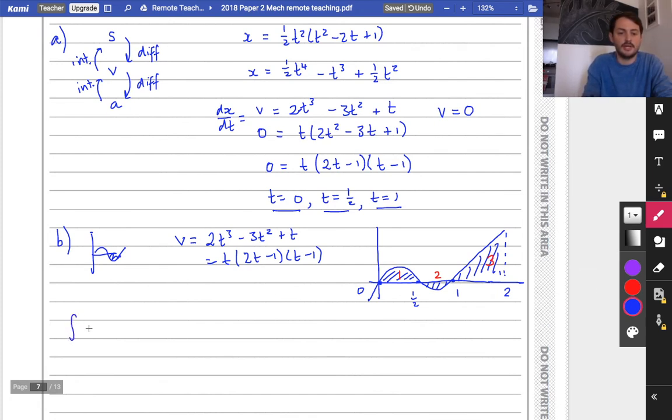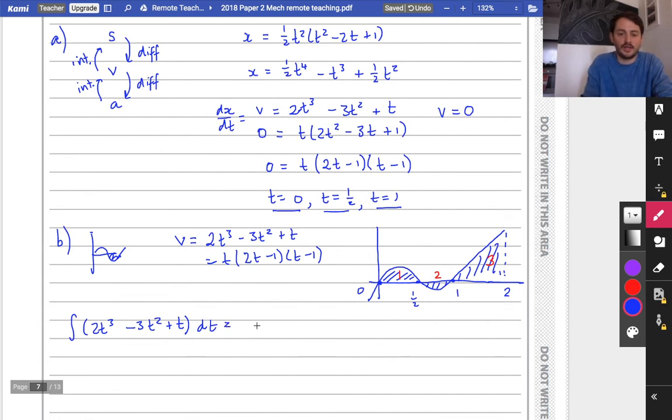Now, we're going to try and integrate the velocity, first of all, between 0, and in fact, let's not even do it between, because we're going to have to do it 3 times. Let's not even put any limits in. First of all, let's just see what happens when we integrate 2t cubed minus 3t squared plus t with respect to time.